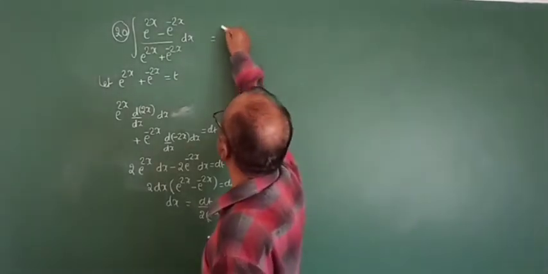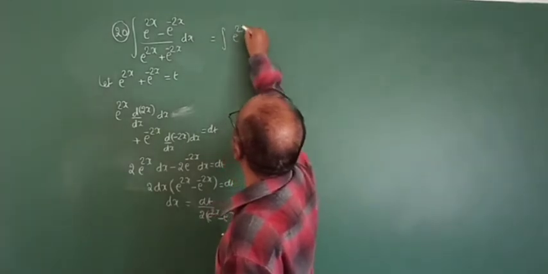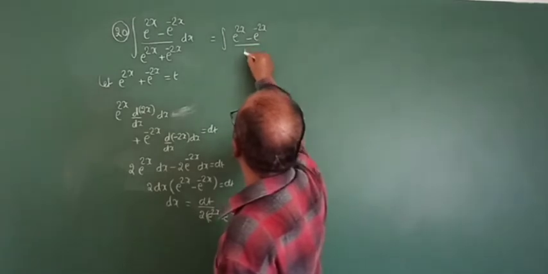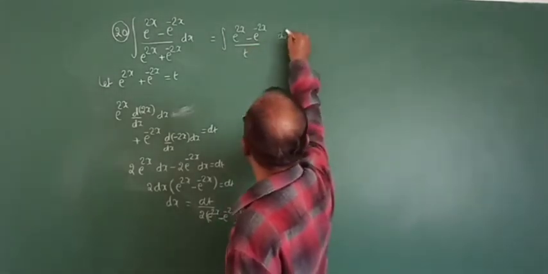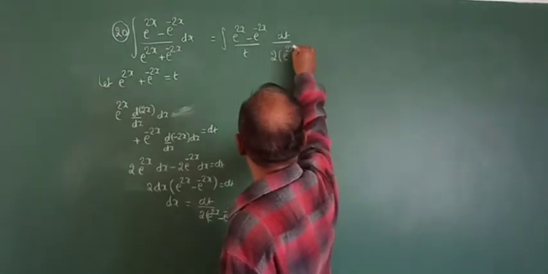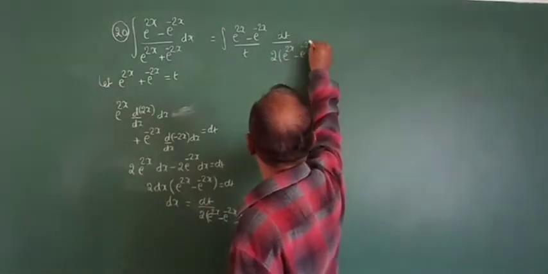This is e power of 2x minus e power of minus 2x, and this is the t. The dx value is dt by 2 into e power of 2x minus e power of minus 2x.